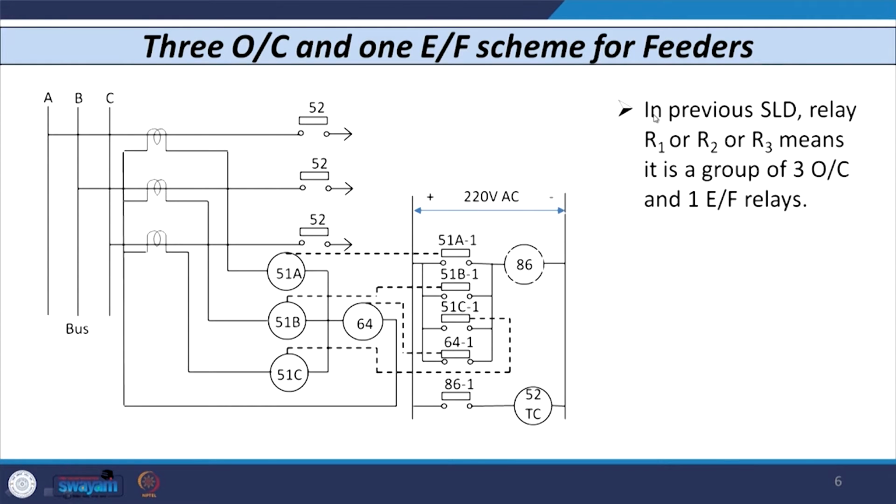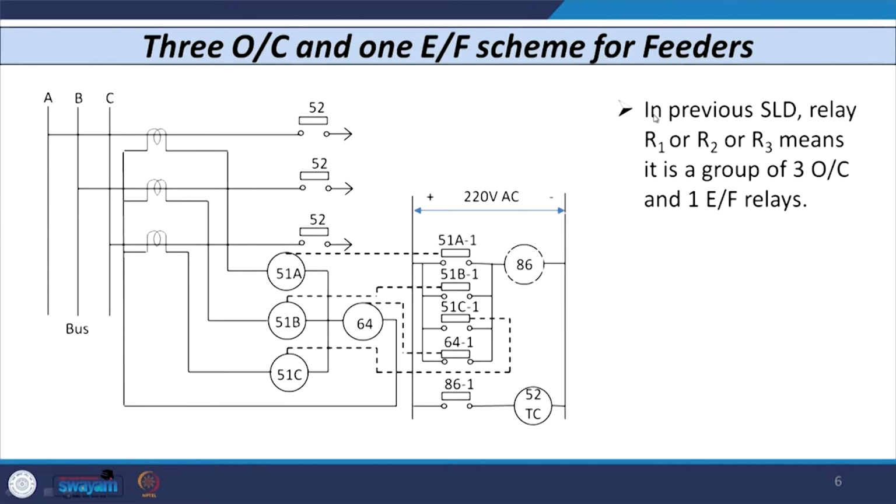So, in R phase we have a 51A connected, in Y phase we have a 51B connected, and in B phase we have a 51C connected. So, 3 phase relays are connected, one in each phase, and in the residual circuit we have 1 ground relay unit, its number is given by 64. So, 64 is the number given for earth fault overcurrent relay.